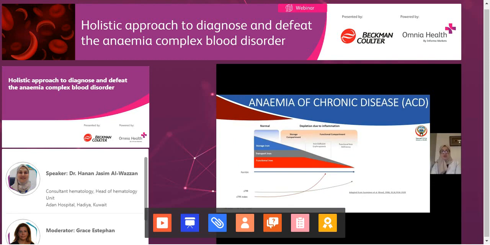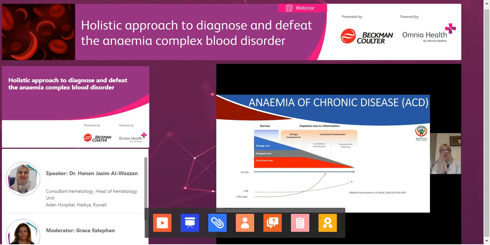In functional iron deficiency, sometimes patients also have true iron deficiency. In these situations, diagnosis may be difficult, and the ferritin is always high in either acute or chronic situations, so it is not a useful marker for diagnosis of iron deficiency in chronic disease.